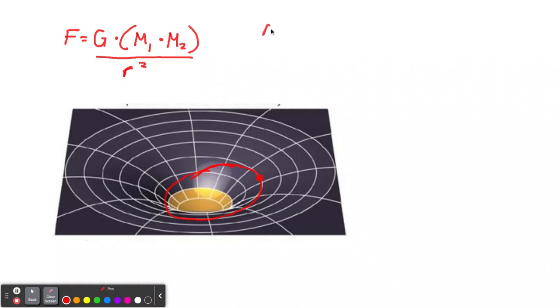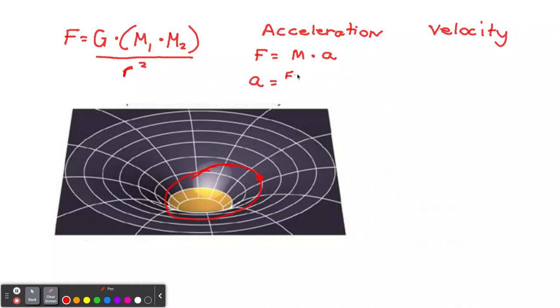He also had to work out acceleration, and he had to work out velocity. He had to go through all these processes. So according to his second law, we have F equals m times a, mass times acceleration. And you can manipulate this so that acceleration equals force divided by mass.